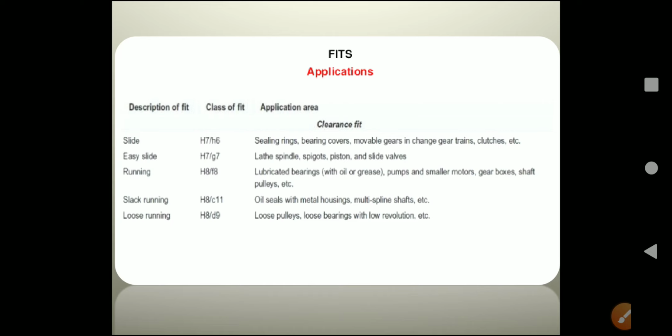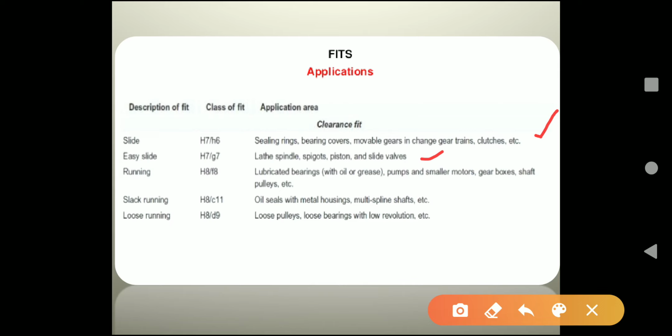So coming to the applications of fits, the first application in clearance fit is sliding fit. These types of fits can be seen in sealing rings, bearing covers, movable gears in change gear trains, clutches. Second, you can see the easy slide in lathe spindle, spigots, pistons and slide valves.